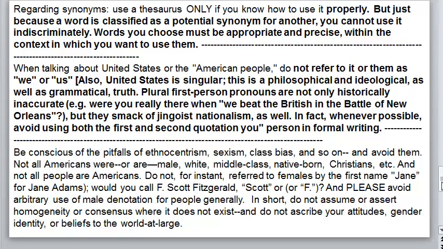Next, remember that you are a historian writing about historical facts, and try to keep your personal feelings, your personal beliefs, out of your paper. You don't want to say "we" when you talk about America.